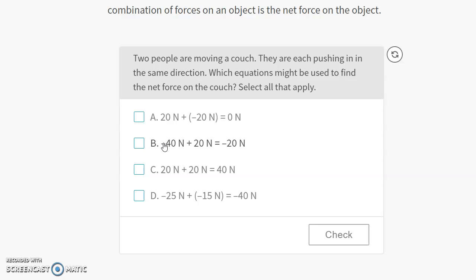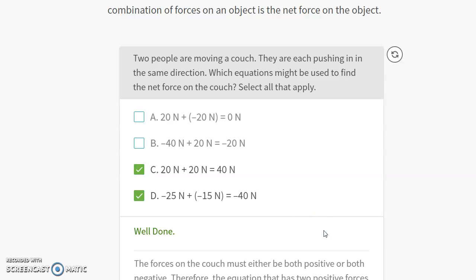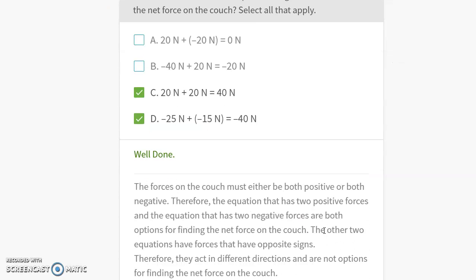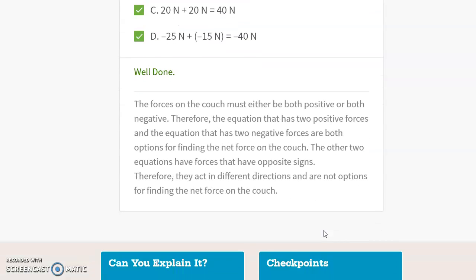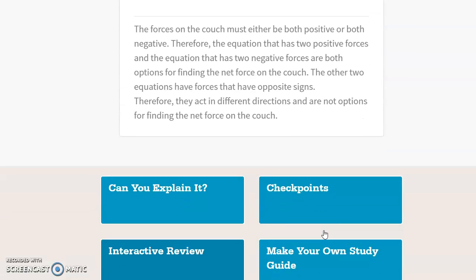Well, 2 negatives, that's the same sign. So that means they're going the same direction. 2 positives is the same sign, but you don't want a negative and a positive. That means they're going in opposite directions. So I would choose 20 plus 20 because they're both positives, but I can also choose negative 25 and negative 15 because they're both negatives. They've got to be on the same team to be going in the same direction.